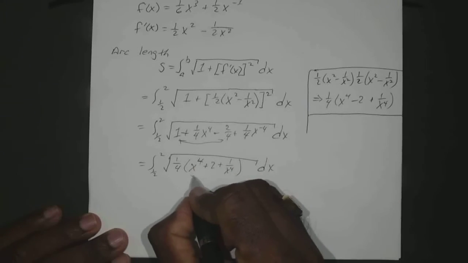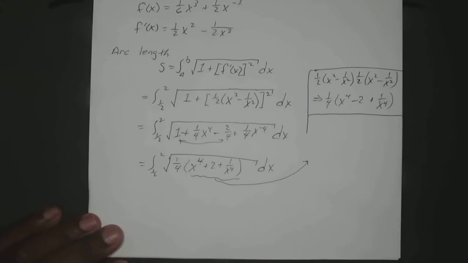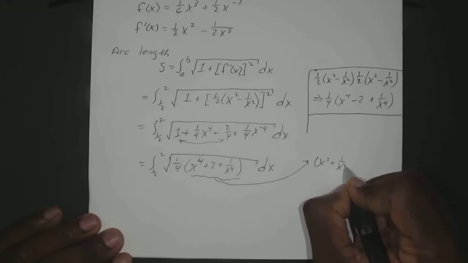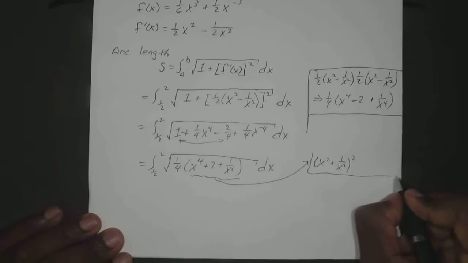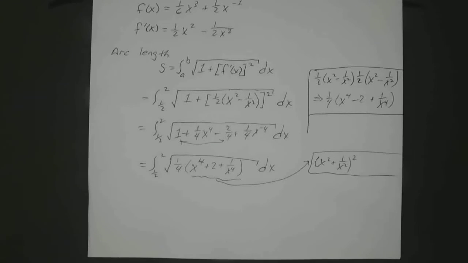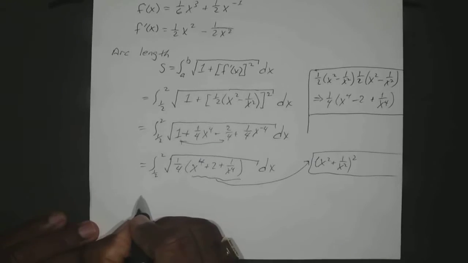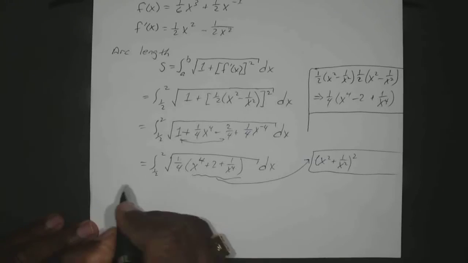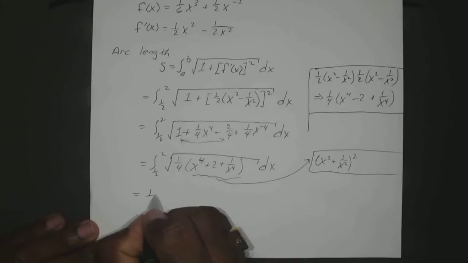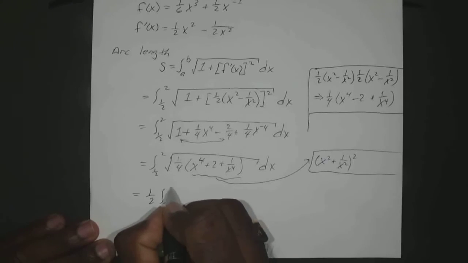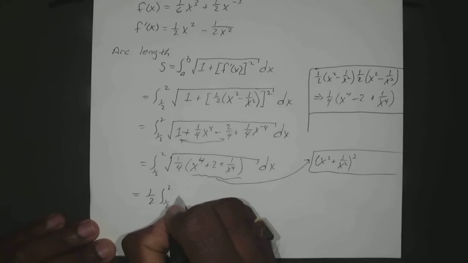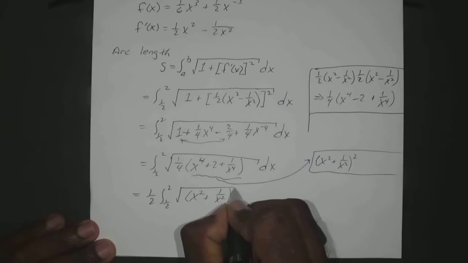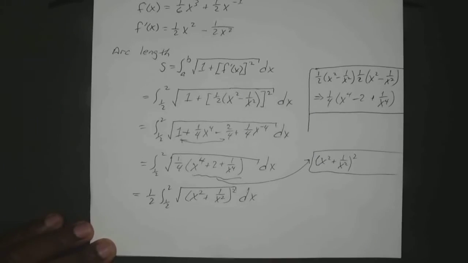Okay, now actually this entire term can be factored to x squared plus 1 over x squared, squared. And that square root of 1 over 4 can be factored into just 1/2. So you have 1/2 from 1/2 to 2. The square root of x squared plus 1 over x squared, squared with respect to x.